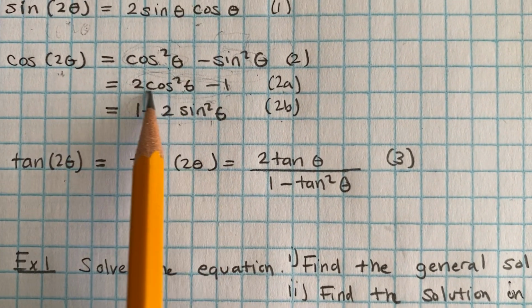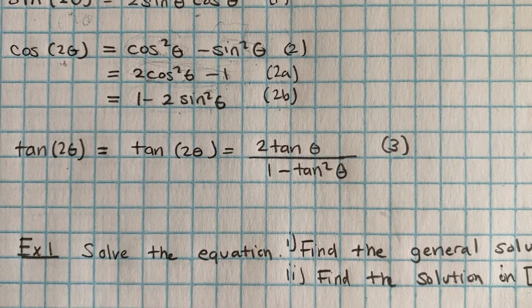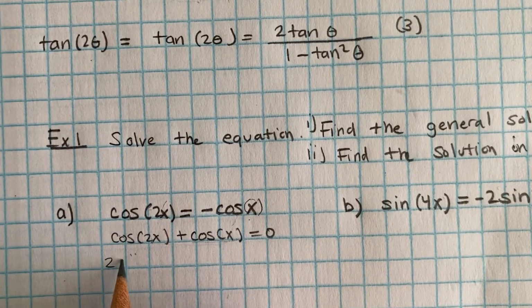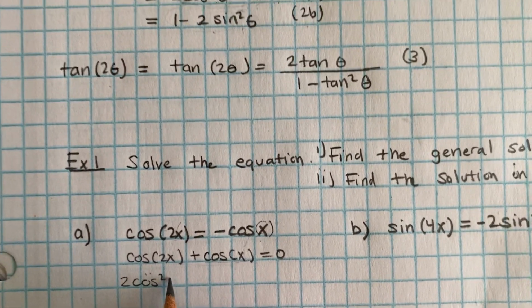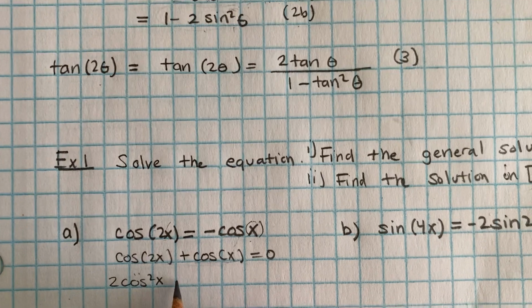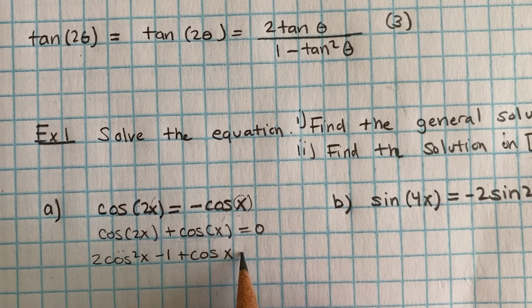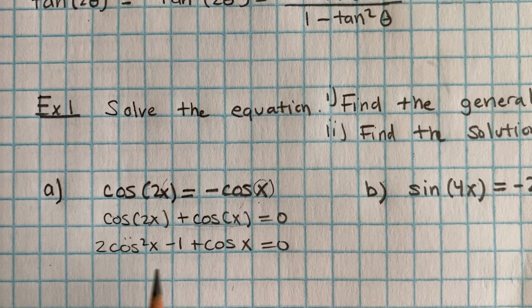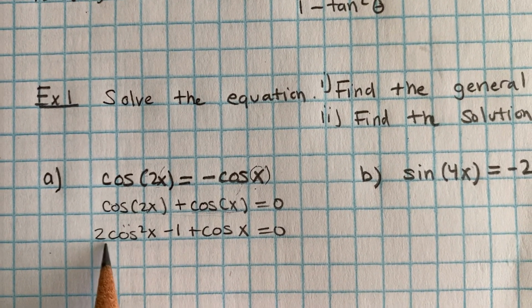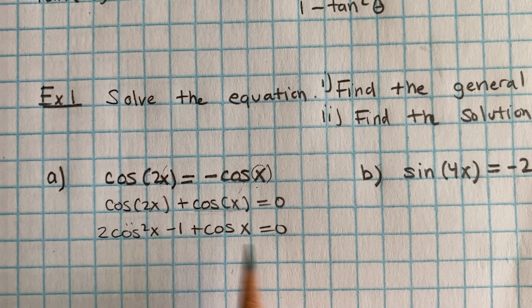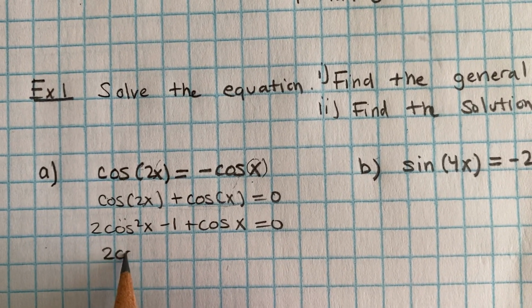Okay, so I'm going to substitute 2 cosine squared x minus 1 into here. 2 cosine squared x minus 1 plus cosine x is equal to 0. And you can kind of see why I picked it, right? Now everything is a quadratic in terms of one trig function. Let me just rewrite this.